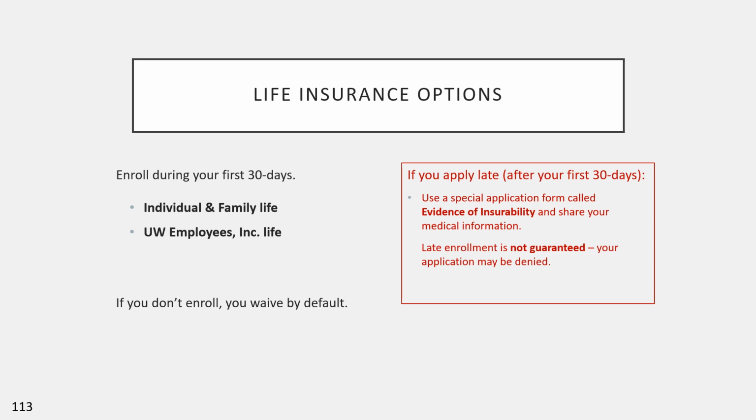And if you were to apply in the future, late after your 30 days, there is a special application form that you would complete called Evidence of Insurability, where you release certain medical information, and underwriters on the plans review that late special application, and they may or may not approve that Evidence of Insurability application. So a late enrollment is not guaranteed.